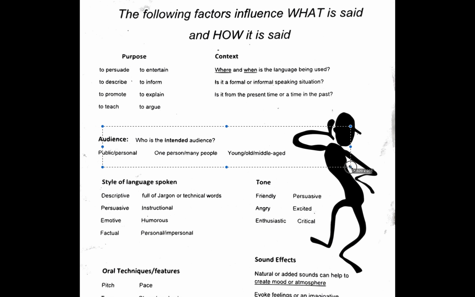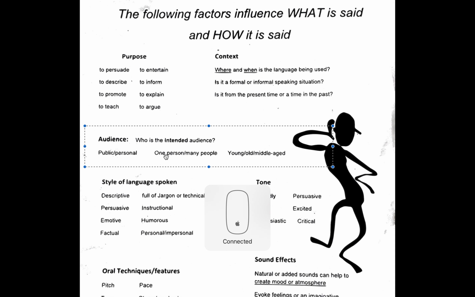Who is it for? Could be public, could be personal, one person, many people. It could be targeted towards children, towards people who work as a taxi driver, for example, or towards teachers or students. The style of language as well.